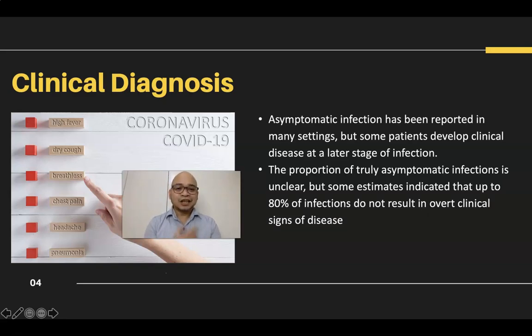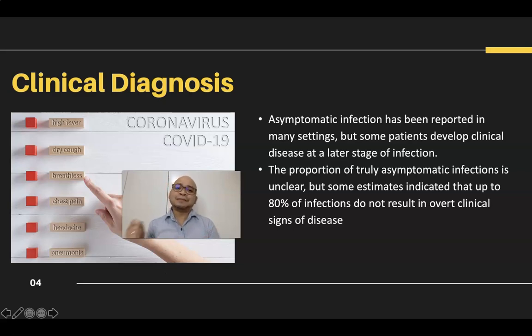At first, you will have mild or moderate symptoms and you would think that you're okay. But cytokine storm usually happens at the 10th day. That is when your oxygen saturation becomes very low, and the patient goes from mild, moderate to severe.